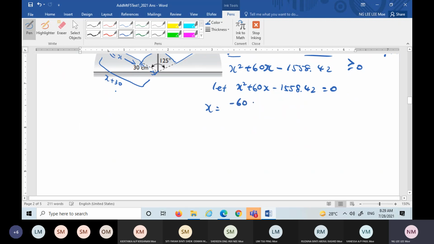Okay, so negative b plus minus the square root of b squared, so 60 squared minus 4AC. A is 1 here, and C is negative 1558.42.